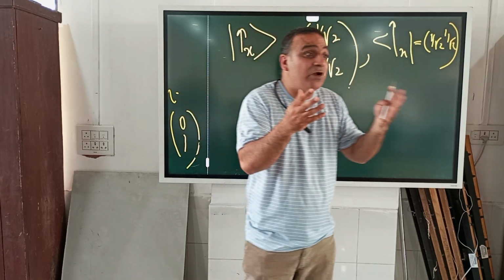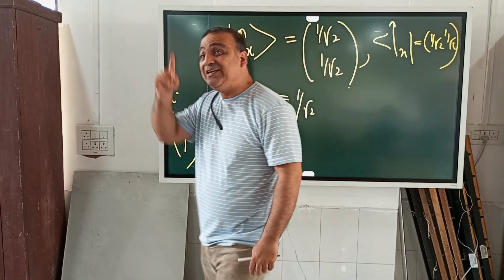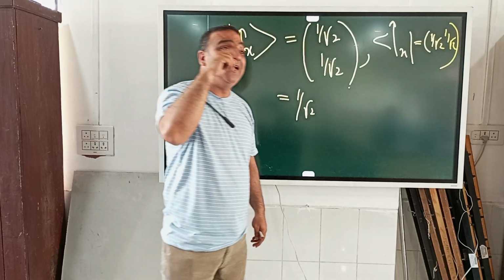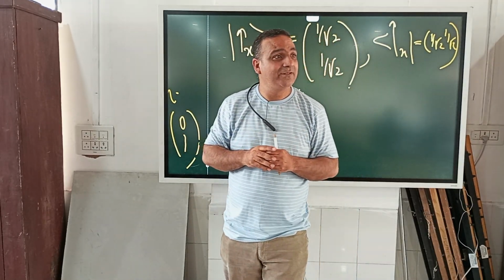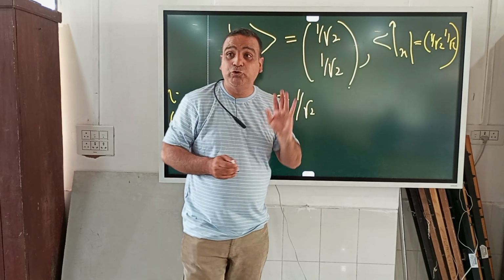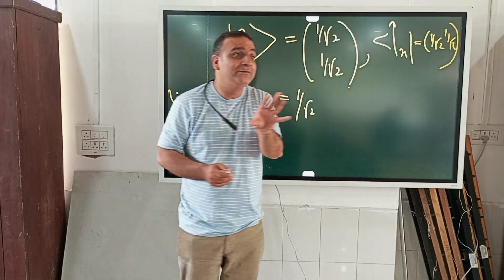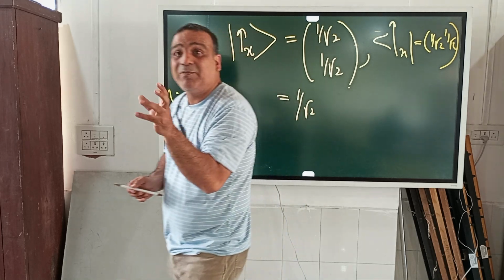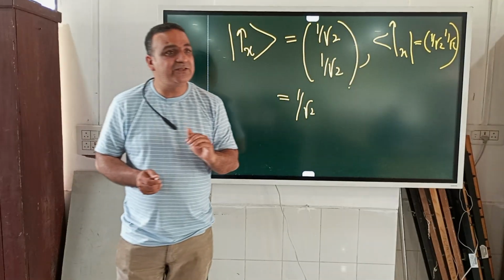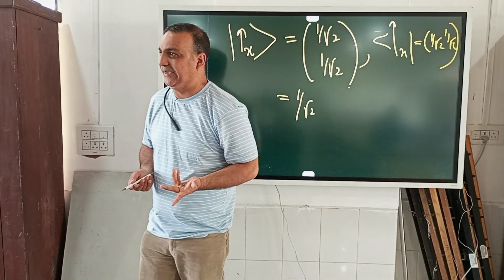You calculate that constant using normalization, integral psi star psi dx, say for the sake of argument, in one dimension. This 1 by root 2 is the result of that. It comes from normalization. Otherwise, you are dealing with ones and zeros here.